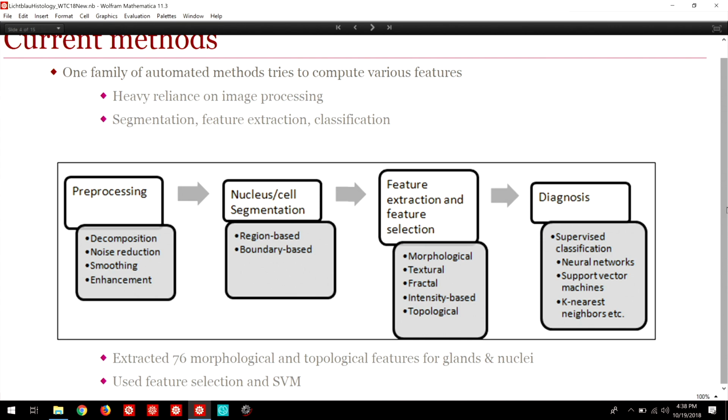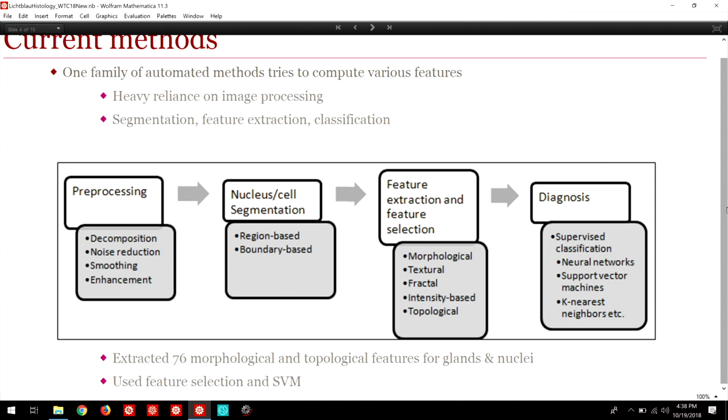For each step, there are many options: many options for pre-processing, for segmentation, for feature extraction, feature selection, or for diagnosis. So we tried some of these options. We stopped at some options.